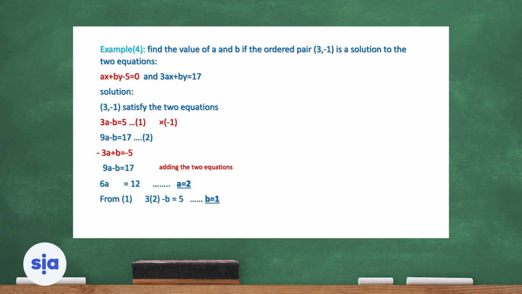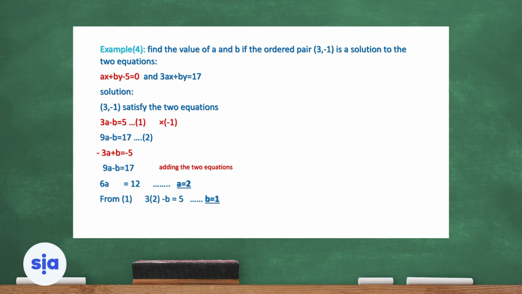The first equation is ax plus by minus 5 equals 0, where the second equation is 3ax plus by equals 17. As I just said, that we have the solution given as 3 and -1.